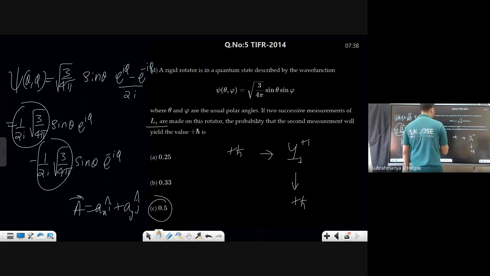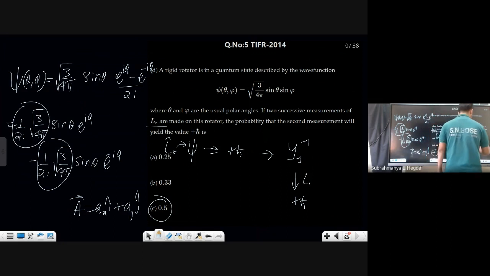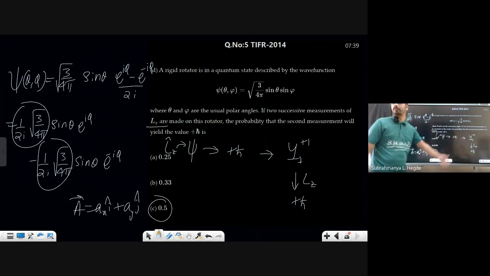You are doing an LZ cap measurement on psi and getting h bar as the outcome. Then the state will collapse to this one. If you do one more LZ measurement on this, you'll get h bar with 100% probability. But this probability is not 100%.